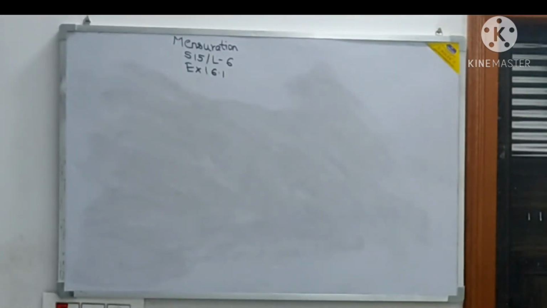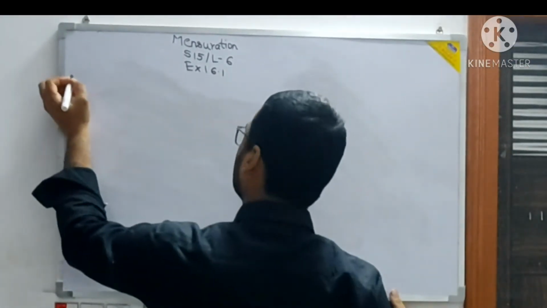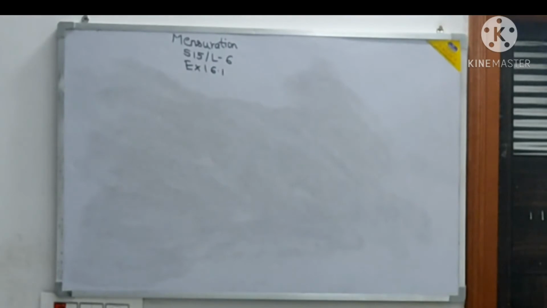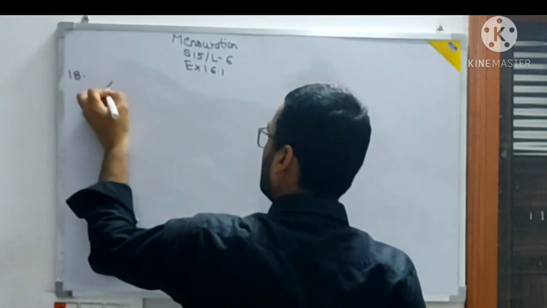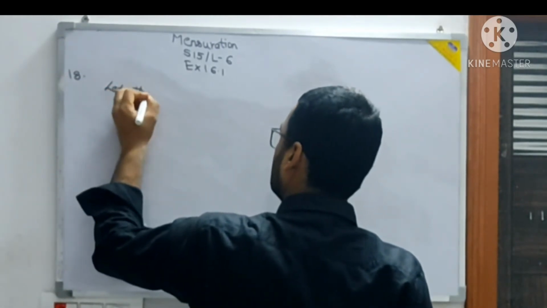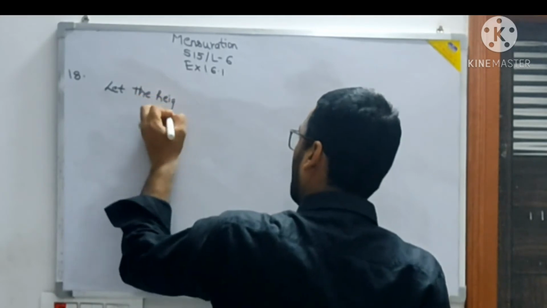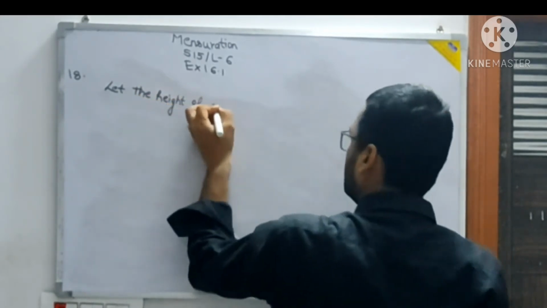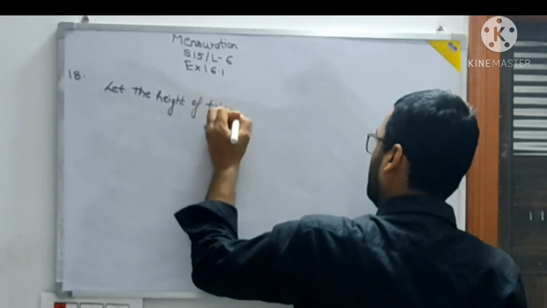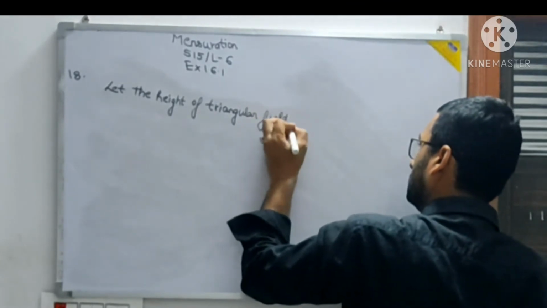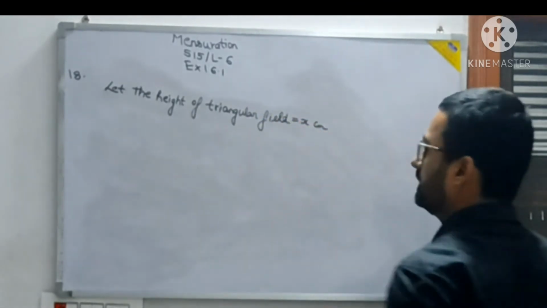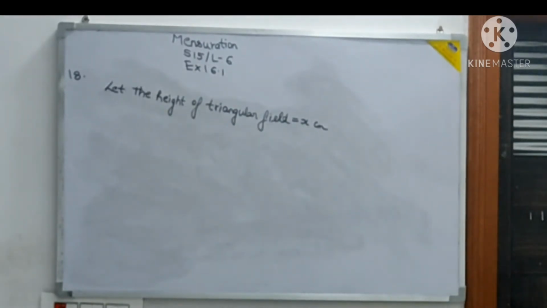So the question is, the base of a triangular field is 3 times its height. The question I am taking is number 18, sorry, I said 17. Let the height of the triangular field be x centimeter and the base is 3 times its height.